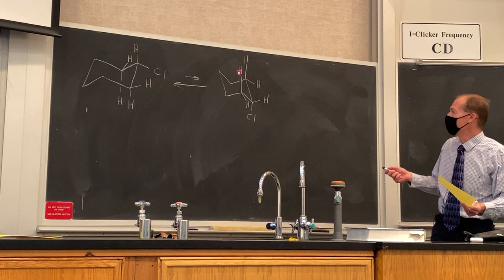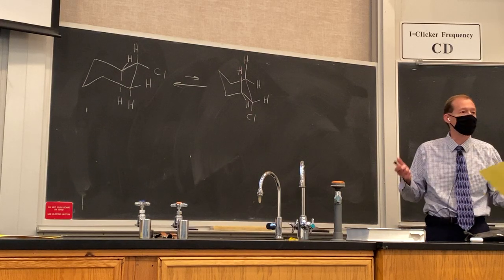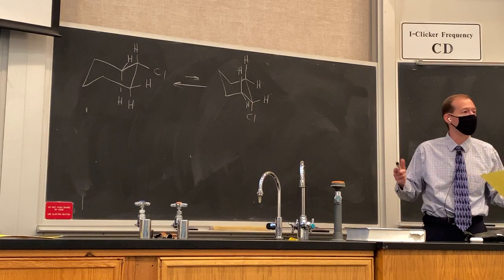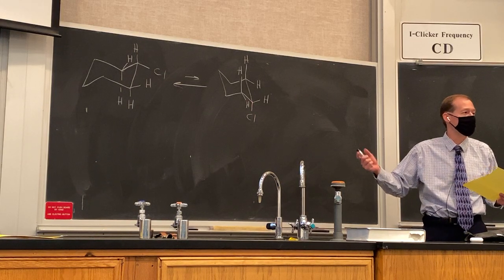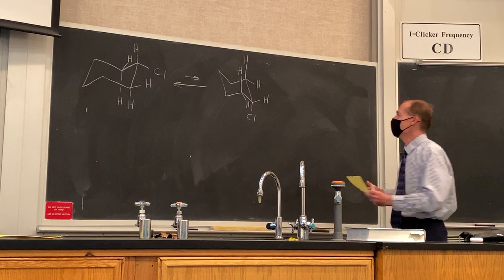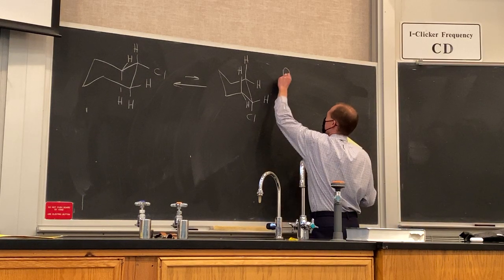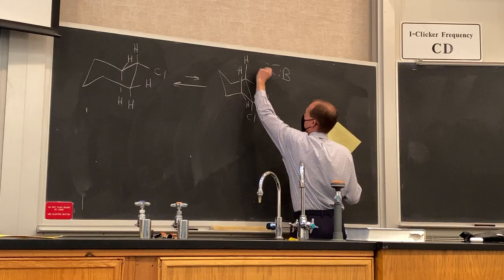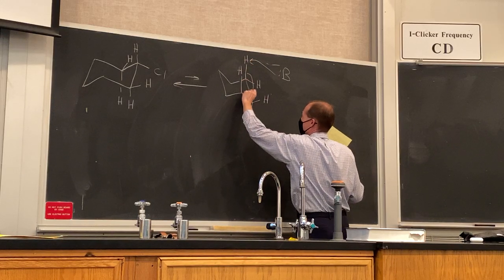position. And now we have 2 beta hydrogens that are anti to our axial leaving group, both of which are also axial on adjacent carbons. In this case, they're equivalent to each other. So we can deprotonate either one. It doesn't matter.